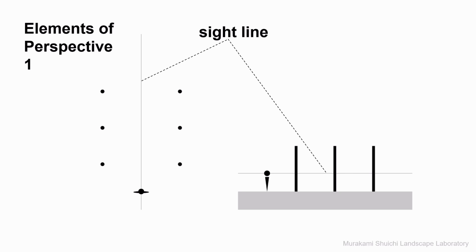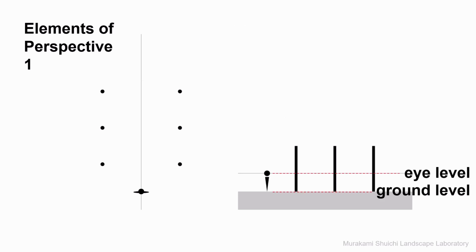The straight line representing the view direction from the viewpoint. In this case, the viewpoint is set on the center line of the corridor. In perspective drawing, it is also crucial to be conscious of the eye level and the ground level. In this case, both the ground and the eye level are horizontal.